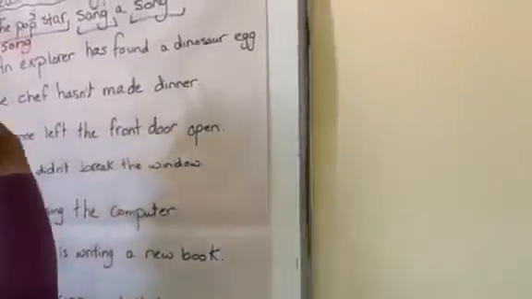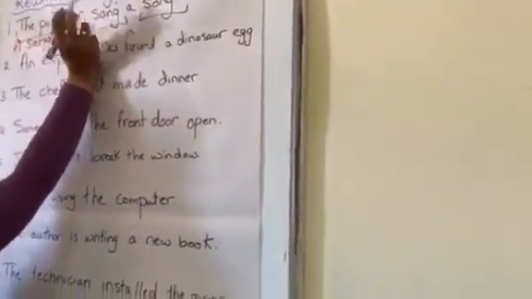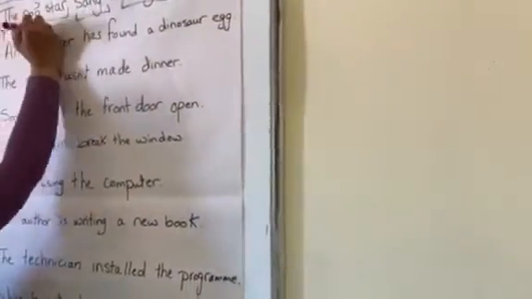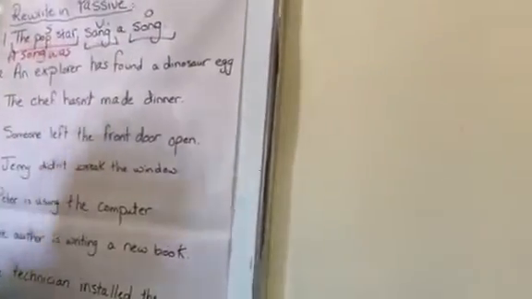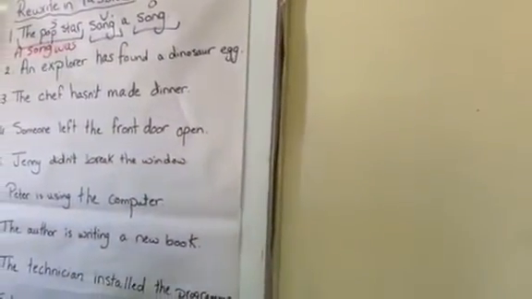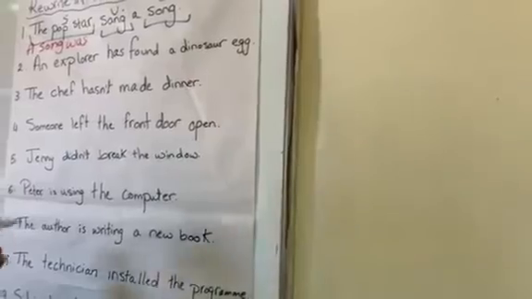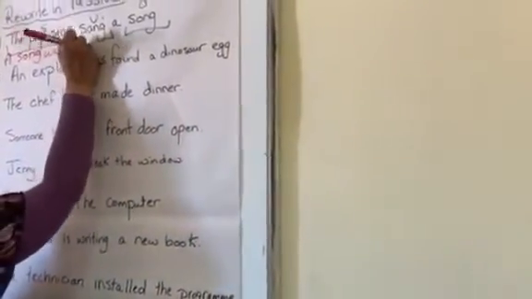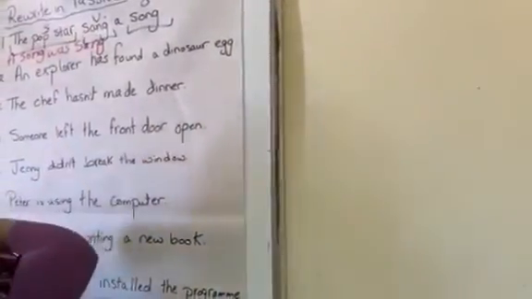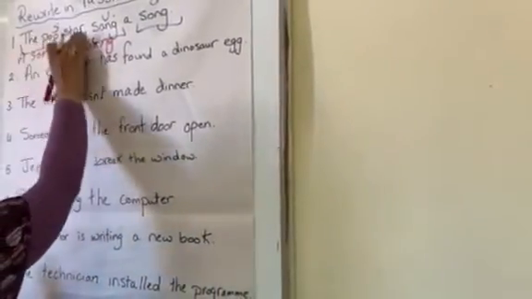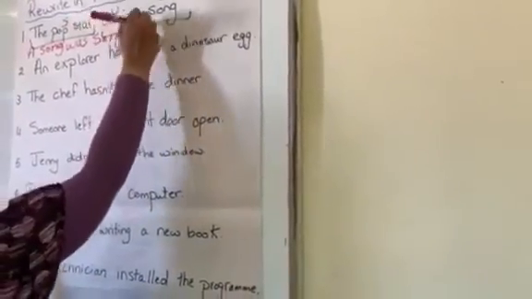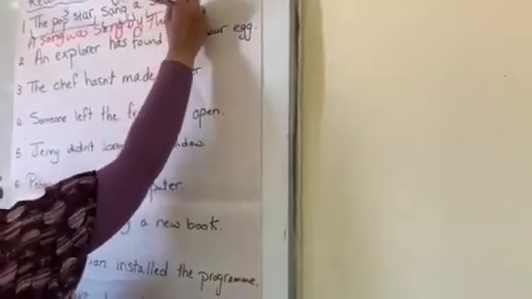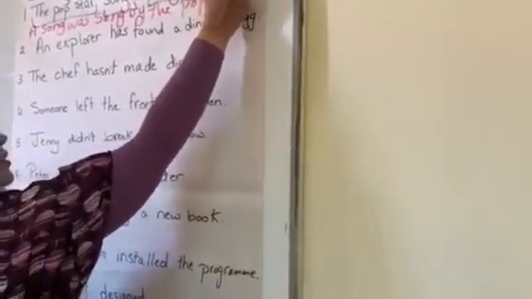Then number 2, verb to be in the tense. So it's going to be in the past. Was, okay? And the main verb in the past participle. And then the subject by the pop star.